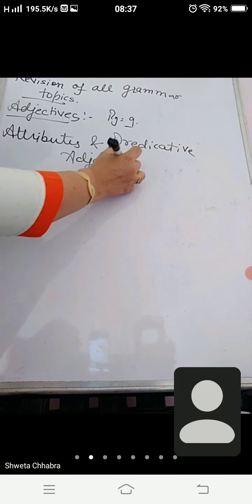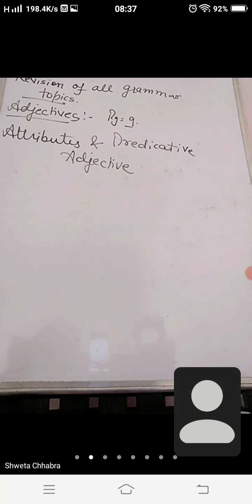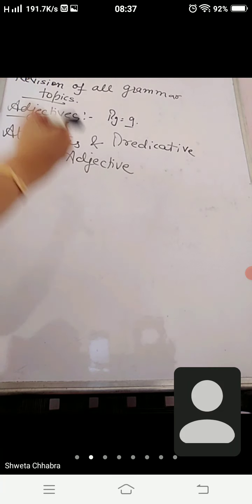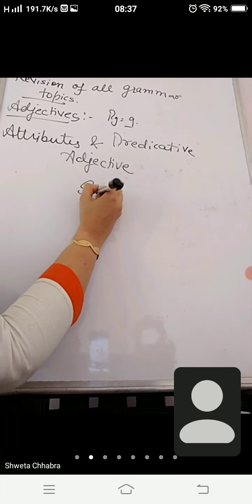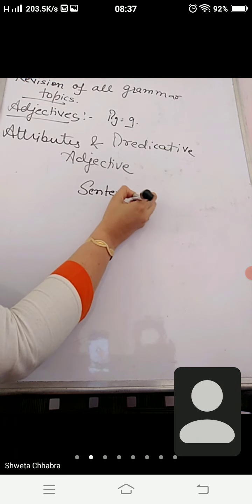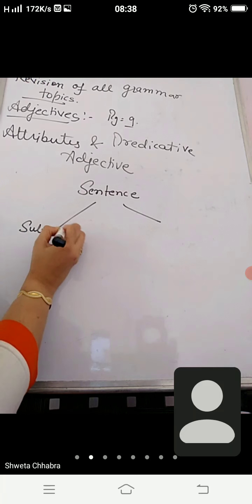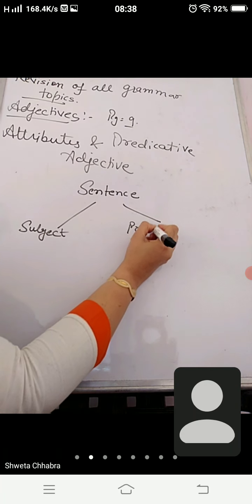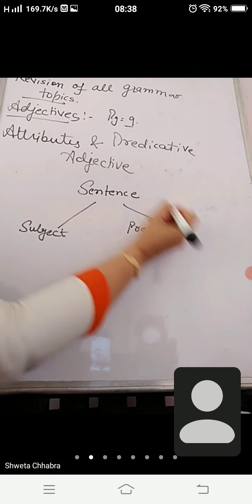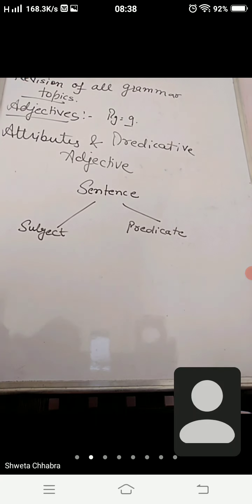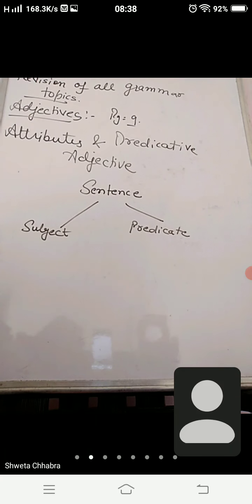So to understand attributive and predicative adjectives, you have to keep one thing in your mind. You should keep this thing in your mind that a sentence has two parts. Okay, first one is subject and second one is predicate. Keep this point in your mind that a sentence has two parts, subject and predicate.